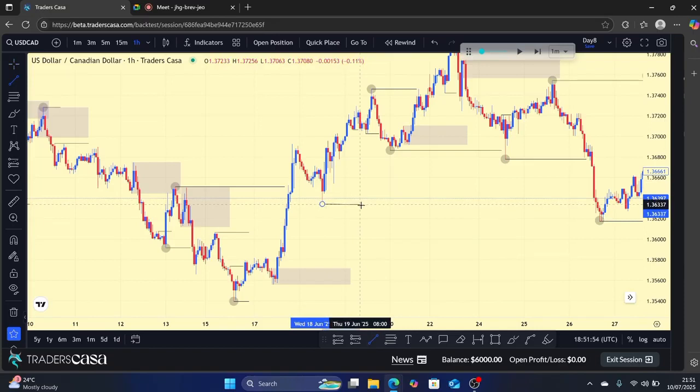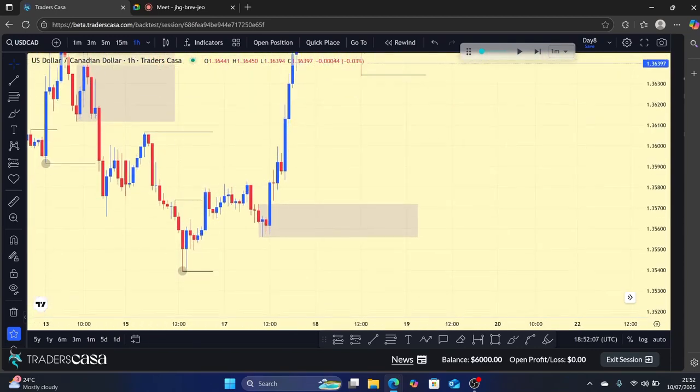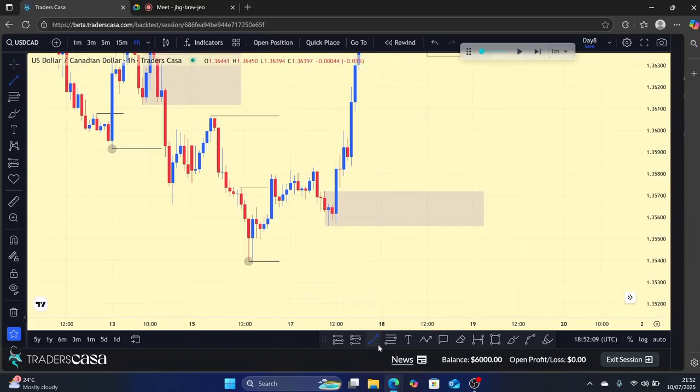The reason I'm marking that is because this here is the valid pullback. Right, so that's the valid pullback. This one here is not a valid pullback. I know some people have spotted this. You can clearly see that this one is not a valid pullback.